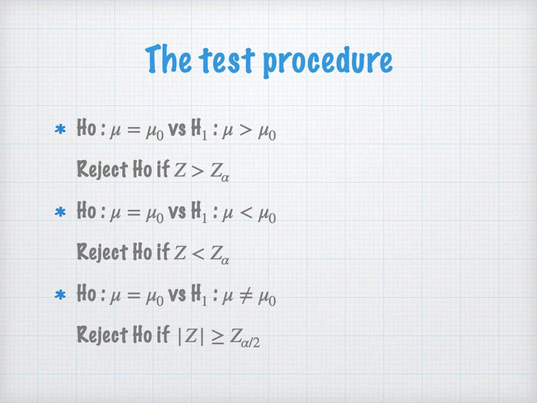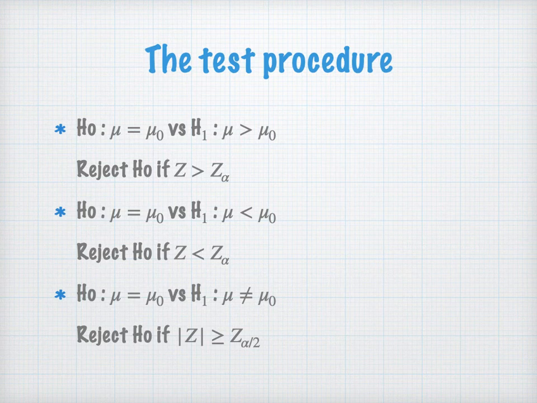In that case, we reject H naught if the modulus value of z is greater than or equal to z alpha by 2. Now all of you may have some confusion regarding how to find this z or this z alpha. This z is calculated using this test statistic, and in the test statistic we know everything.